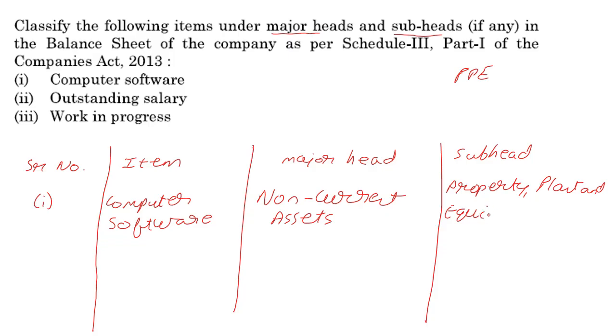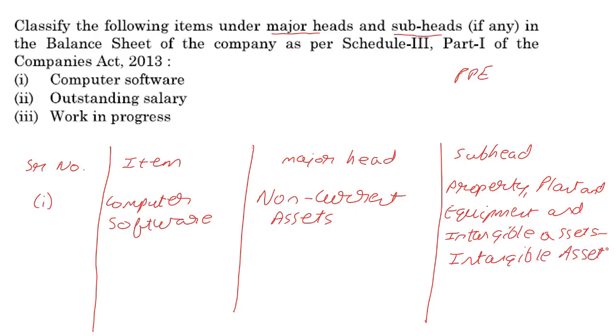Use an ampersand perhaps if you want for plant and equipment and intangible assets. Okay, so this is your subheading, imagine. And under that, you can write intangible assets. Okay, please learn the format.